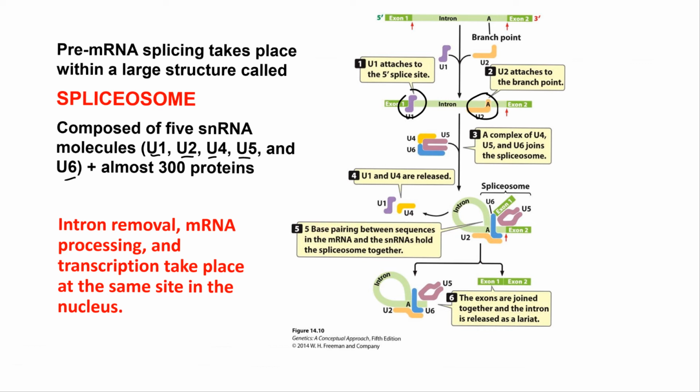What holds the spliceosome together with pre-mRNA is base pairing between small nuclear RNAs and mRNA. Upon cleavage, the exons are joined together and the introns are released as a lariat structure. You remember we discussed that before, and it is eventually degraded. Intron removal processing as well as transcription take place at the same time in the nucleus.